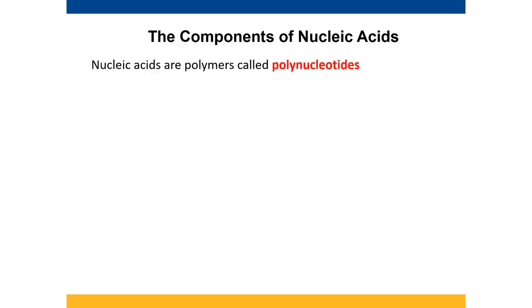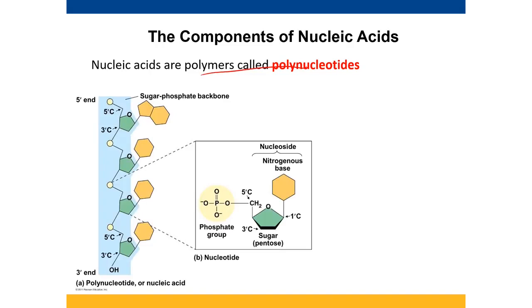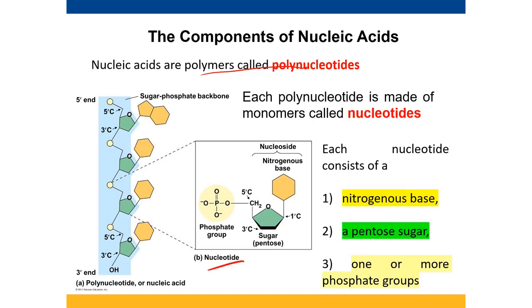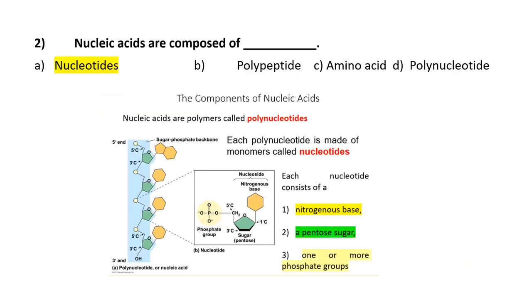As I said, the polymers are the polynucleotides, and here you have a nucleotide. We already talked about the different components, that they have these three main components. So this is the answer, but I also consider that this is a very general question, so both can be correct.